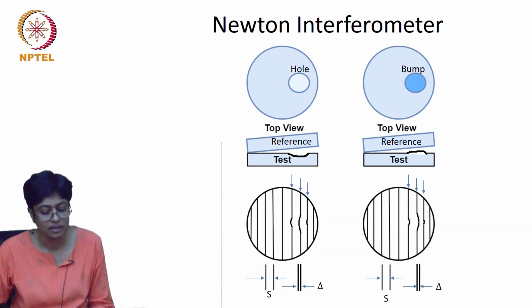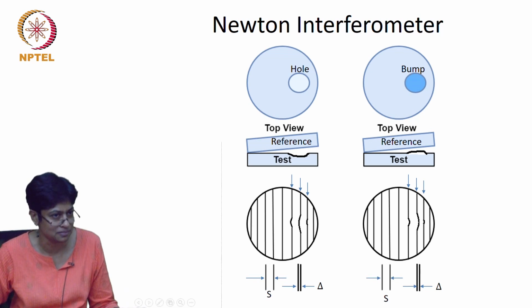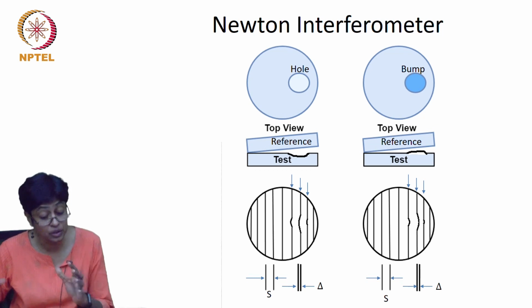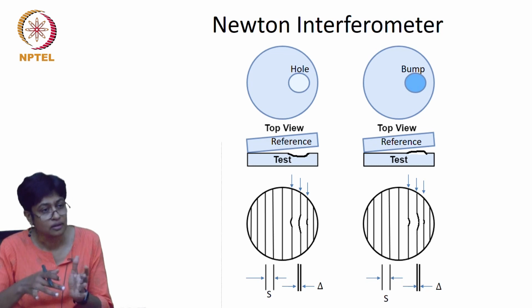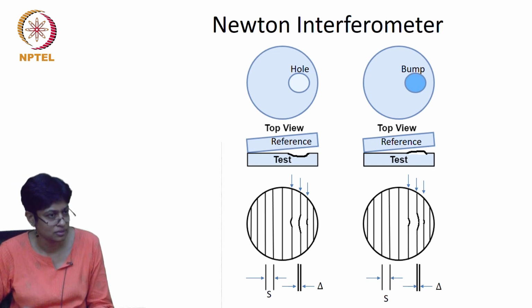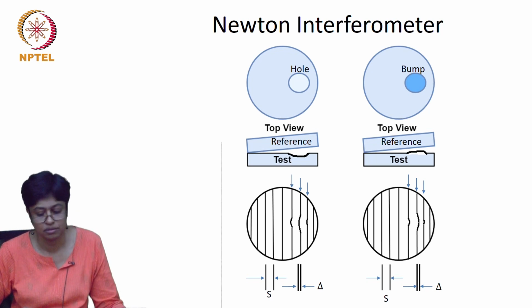So if you look at the fringes, they'll look something like this. So you can actually use this to tell whether you have a depression or a bump in your optical flat.